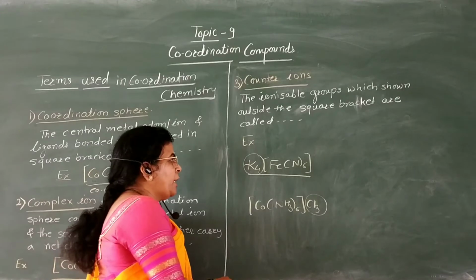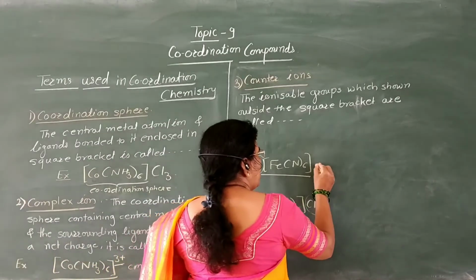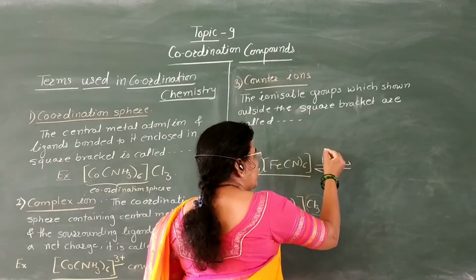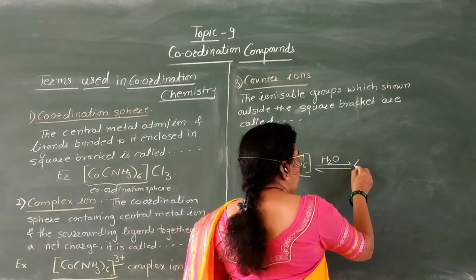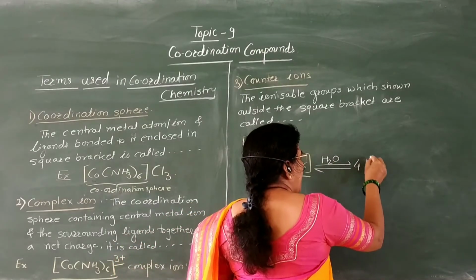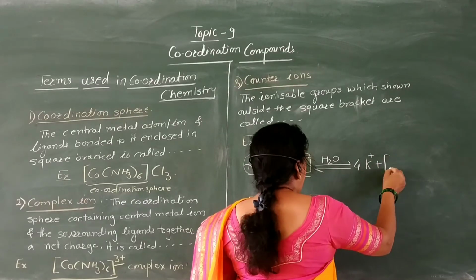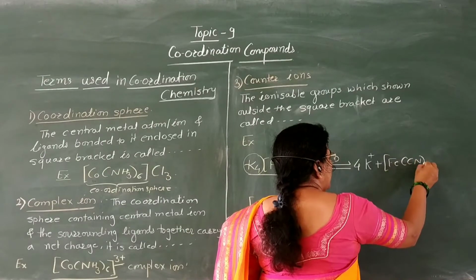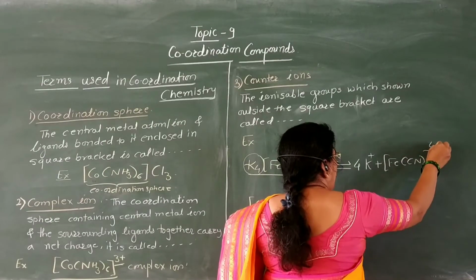Now we can explain this by using the dissociation of these two compounds. When these two compounds undergo dissociation in water, they form 4 K plus ions and Fe(CN)6 4 minus.